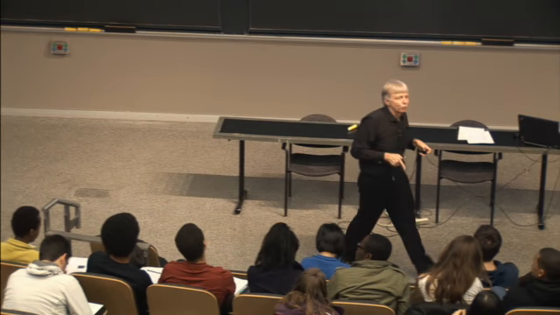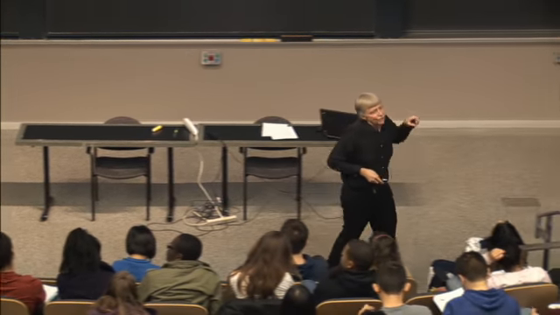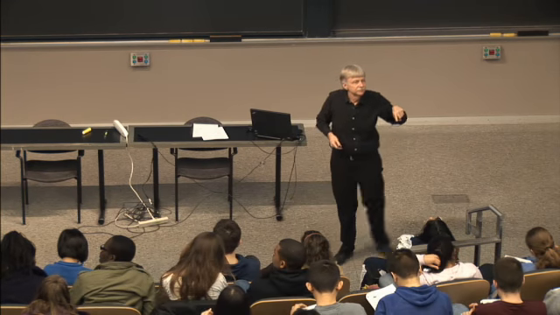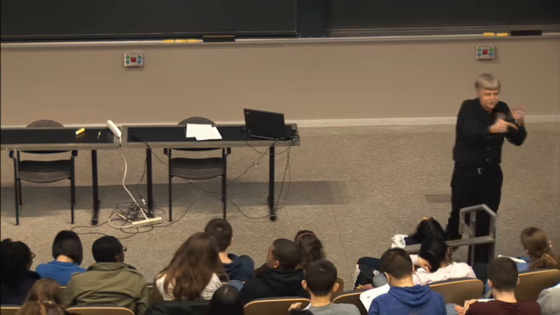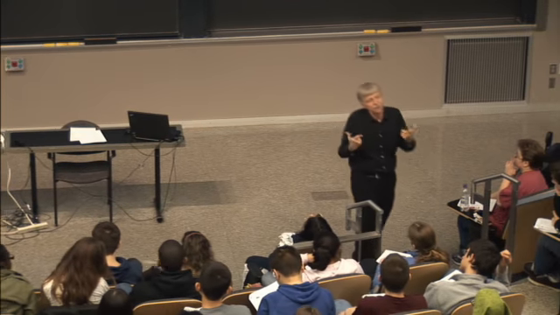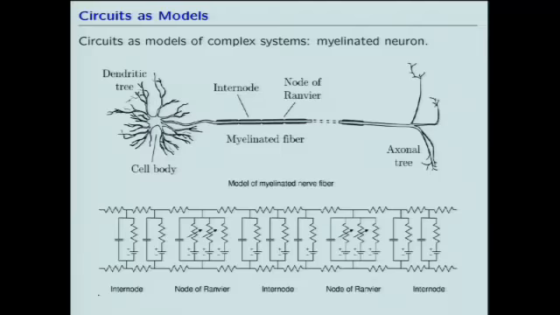And in fact, that's an important idea. That we use circuits. I use circuits on a daily basis, not because I design semiconductor devices, but because I work on biological issues. I actually study hearing. And we make circuit models for the way biological parts work. And that helps us to understand the way the biological part works.